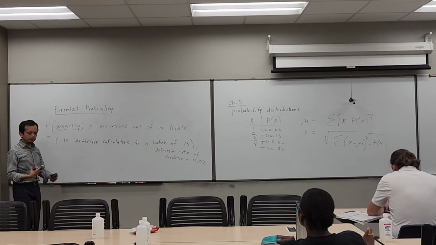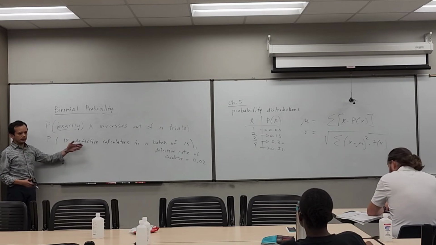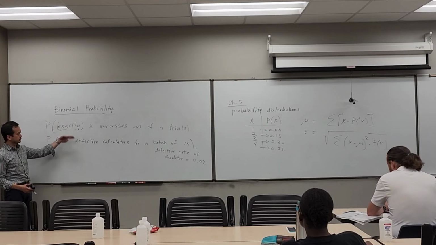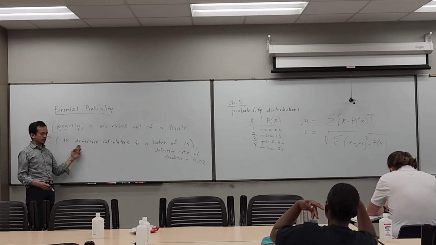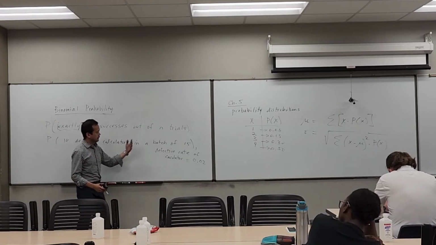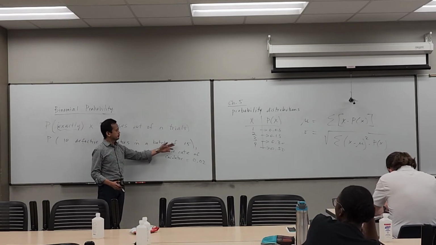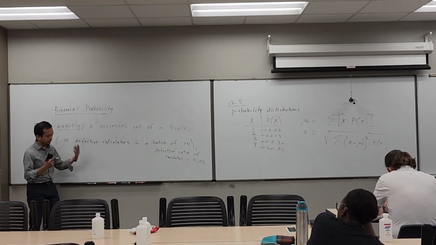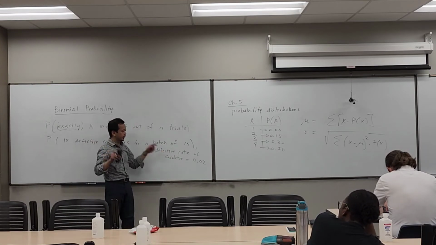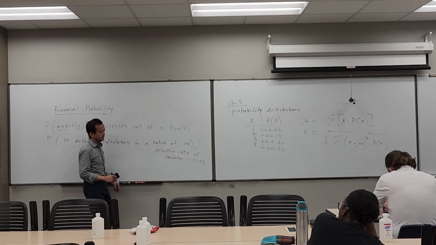This would be an example of a binomial probability, because it fits that structure of exactly some number of successes, where success means defective here, out of this number of trials, or calculators. And then you're given the probability of success, or defect, for each trial.